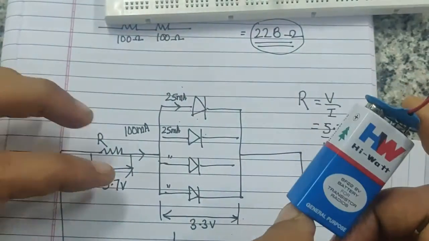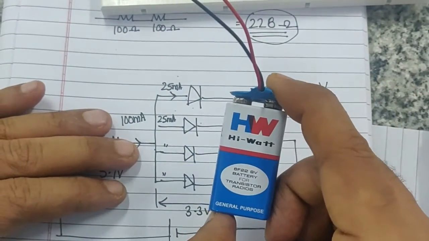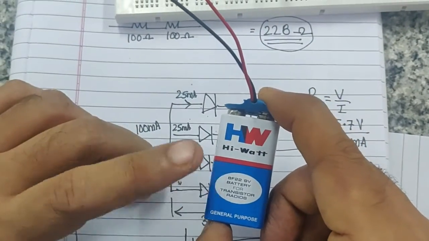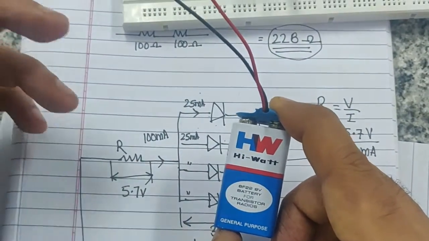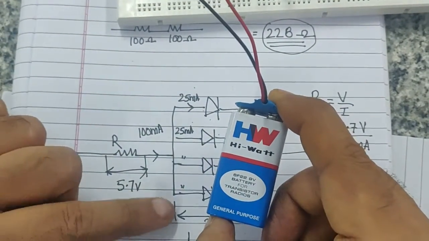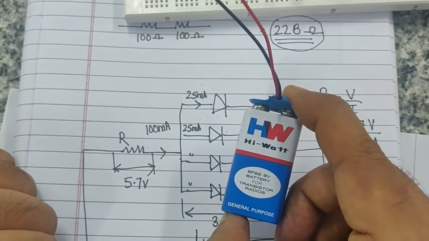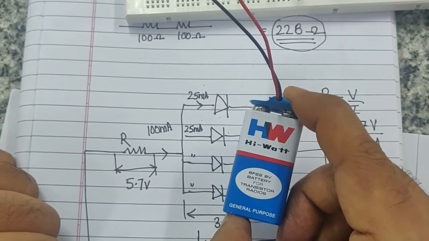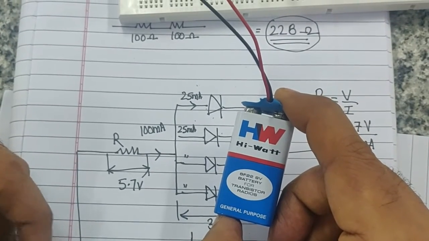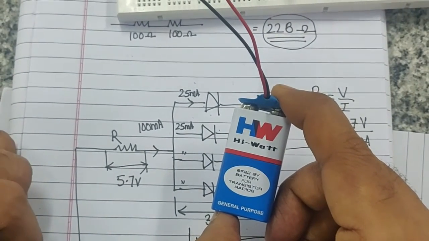Anything over about 500 milliamps, which is about 20 LEDs, is not a good idea for a battery. Even at that rate, your battery will die very soon. So if you have a lot of LEDs, you may want to use adapters, which can deliver a few amperes of current, let's say 1 ampere or so, which can support a lot of LEDs.